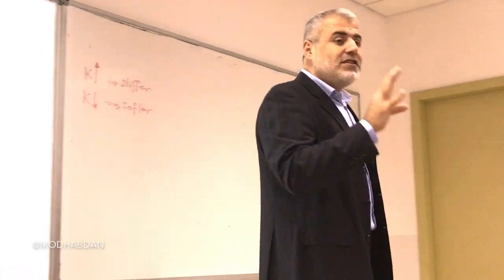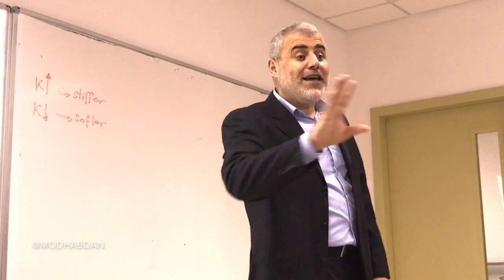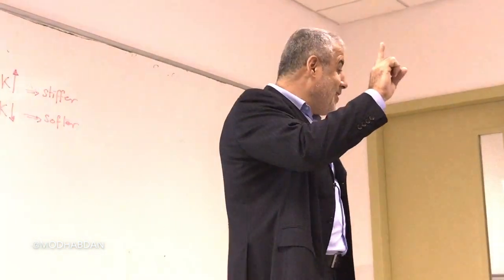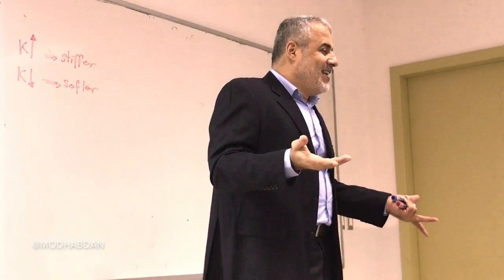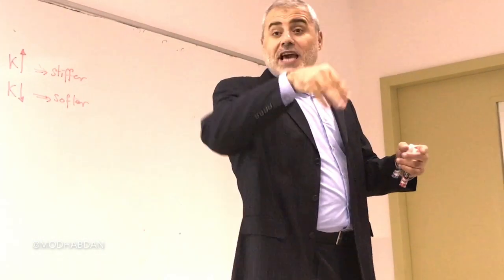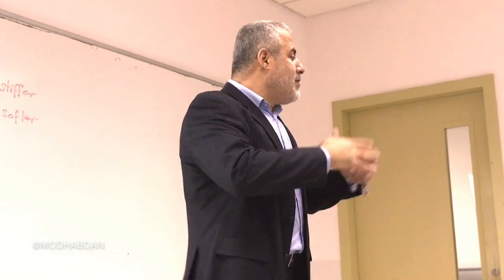That's why I want to say something. Please pay attention. In any problem, ya Shabab, if you find the value of k, you consider it always available. You can use it anywhere for the same spring. Why? Because it's constant for the same spring. So if you find it, you can apply it to any other problems or any part of the problem.